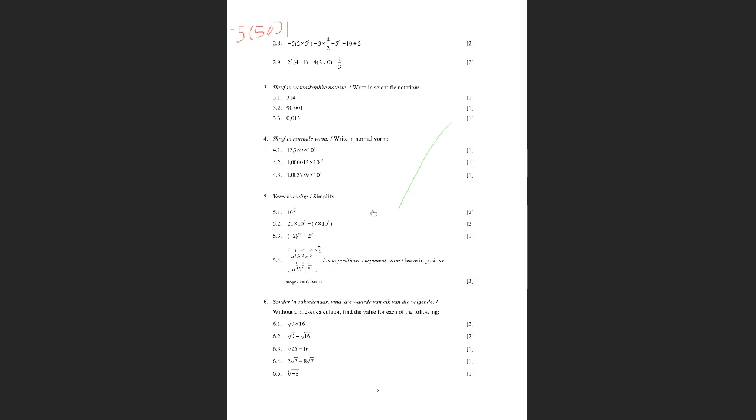Then we get plus 3 times 4 over 2, then minus 5 exponent 0, any number to the power 0 is 1, plus 10 divided by 2.